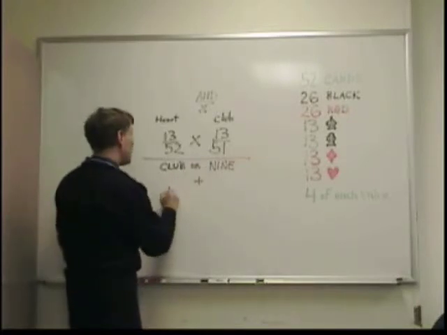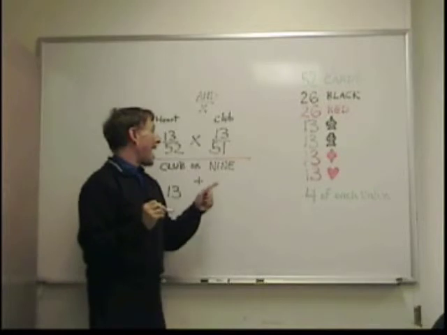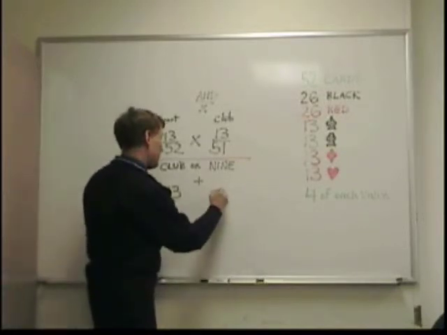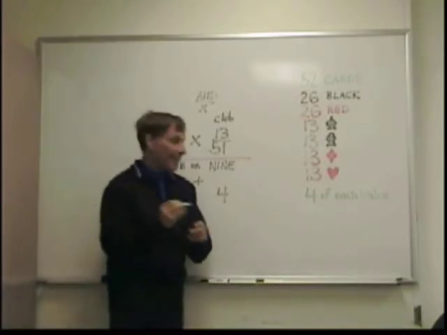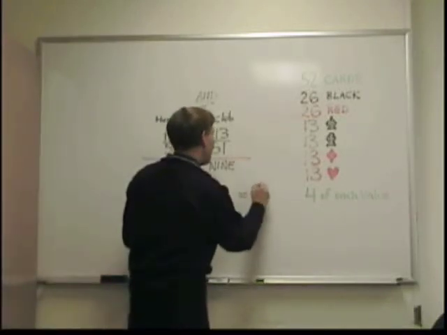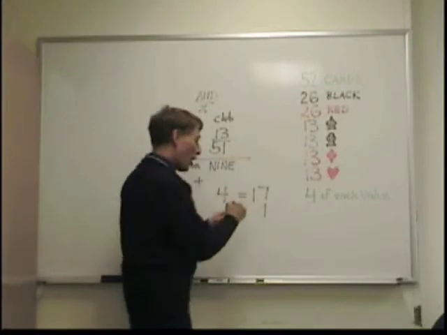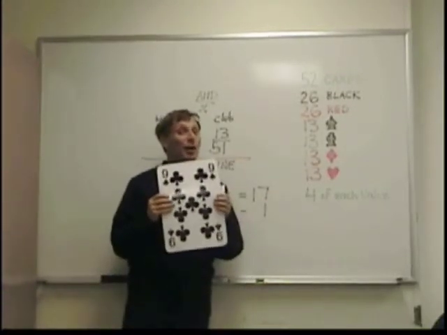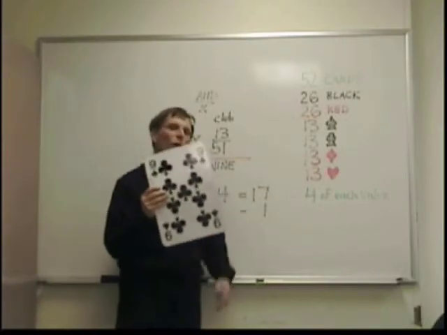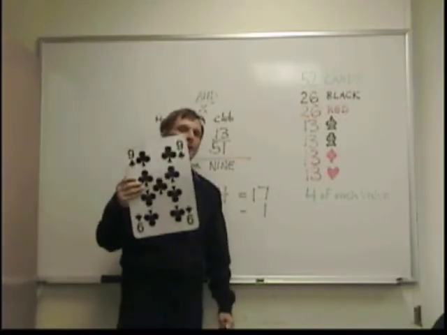There are 13 clubs in the deck, and there are 4 nines. Now that looks like I'm going to add them and get 17, but you need to be careful. You need to subtract 1, because one of those cards is the 9 of clubs. It's both, and you don't want to double count this card.